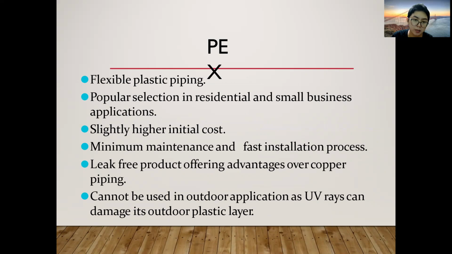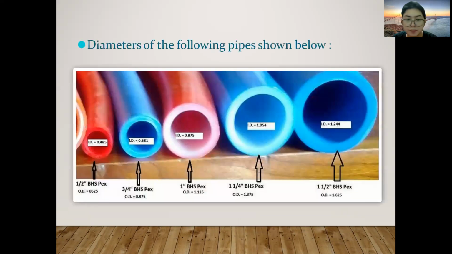It has a slightly higher initial cost, minimum maintenance, fast installation process, and is a leak-free product, offering advantages over copper piping. It cannot be used in outdoor applications as UV rays damage the outer plastic layer. The diameters of PEX pipe are shown below.